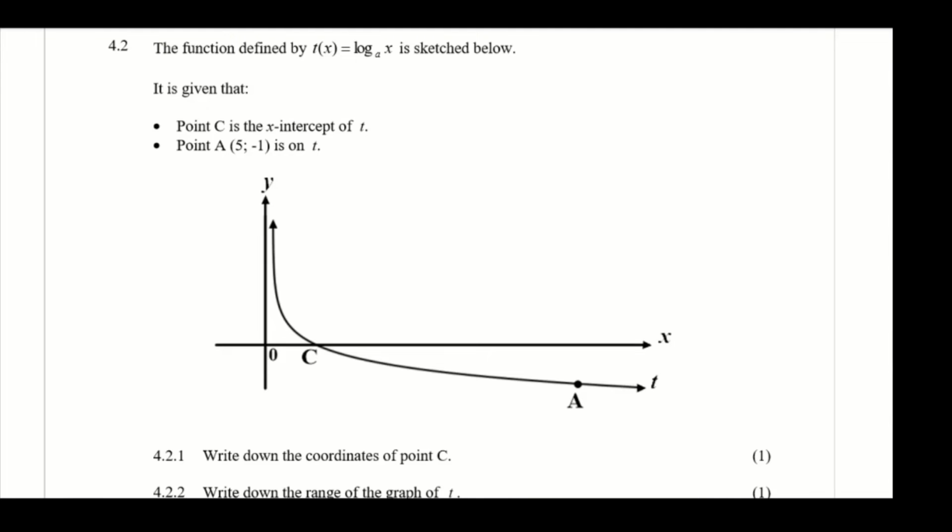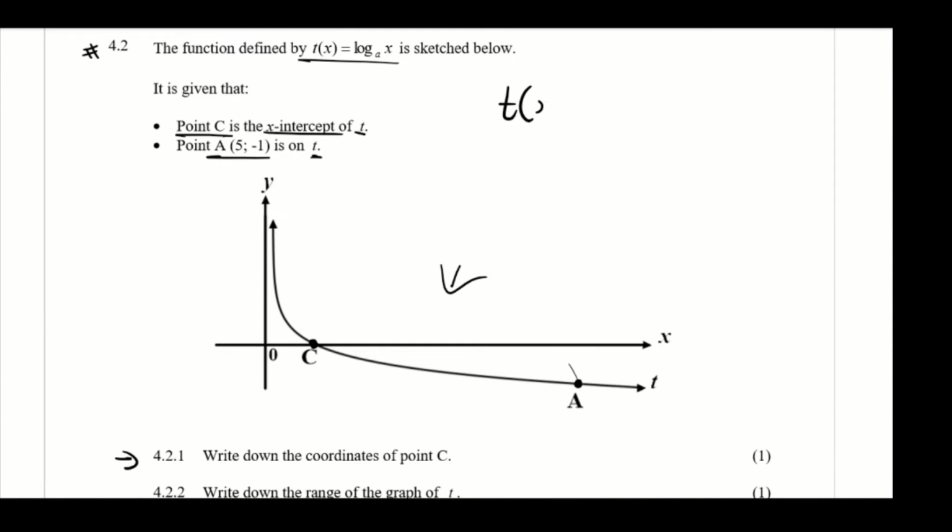So now in this problem here in 4.2, we are given a function, the equation of which is sketched here below, and we are given that point C is the x-intercept of t, and A is just a point on t. So this is A, and this is your C. And then we are required to find the coordinates of C. So how do you find the coordinates of C?